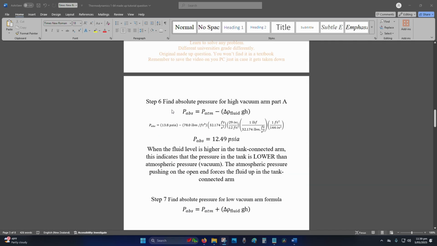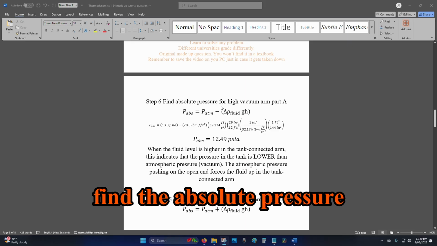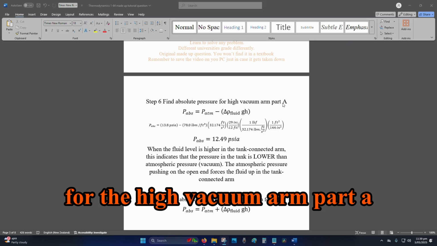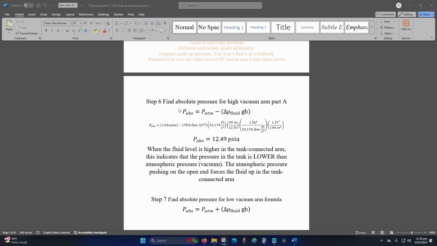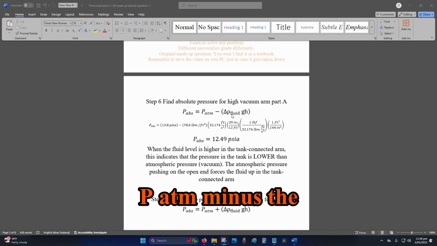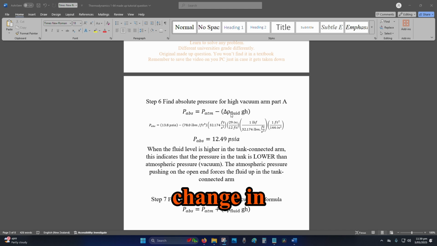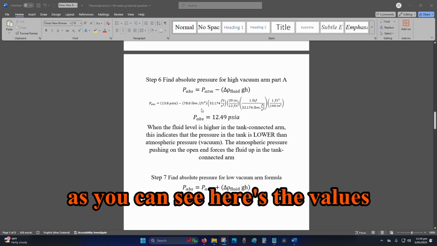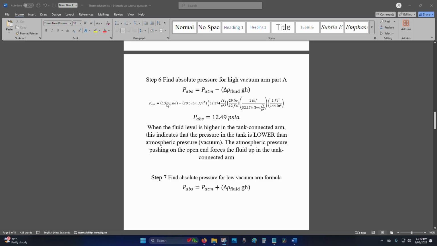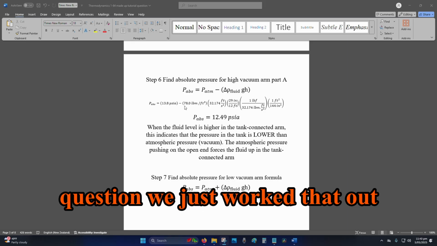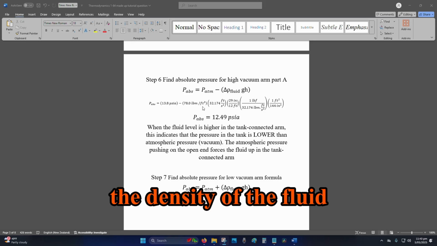Okay, step 6, find the absolute pressure for the high vacuum arm, part A. So P_atm minus the change in the fluid pressure. As you can see, here are the values. This is given in the question. We just worked out the density of the fluid.